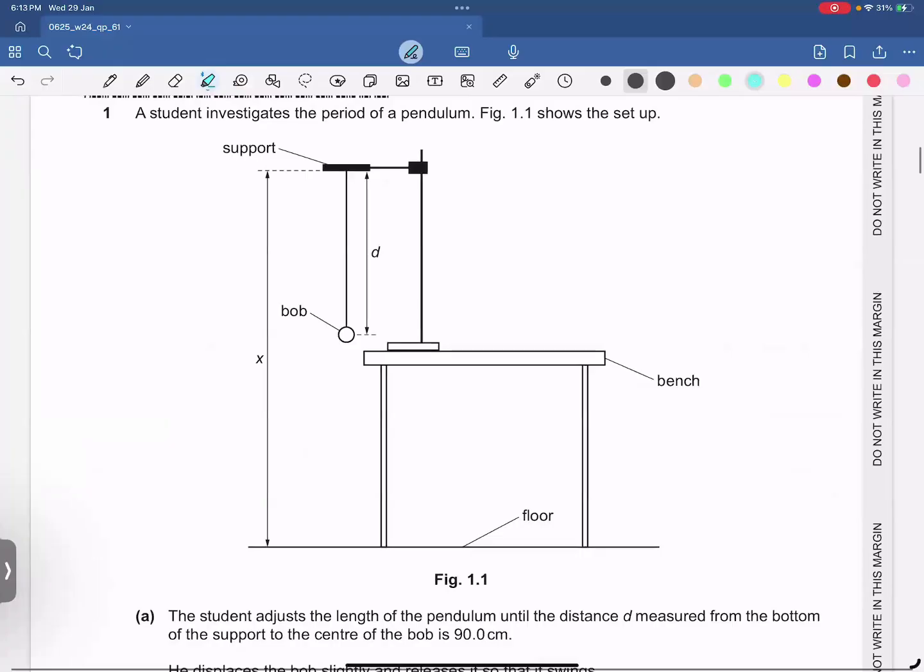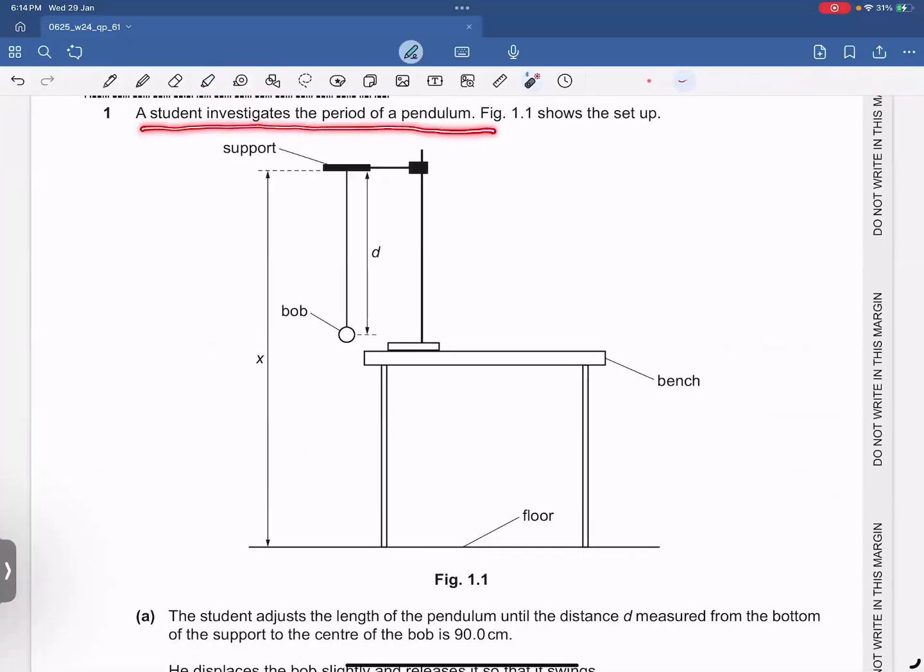First question, let's read. A student investigates the period of a pendulum. Figure 1.1 shows the setup. You have the bob of the pendulum, which is at distance d from the bench, and the total height of the support from the ground is x.